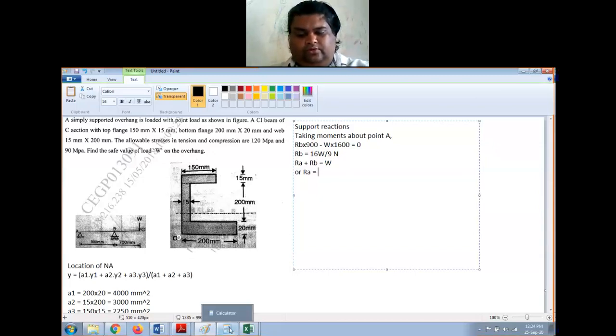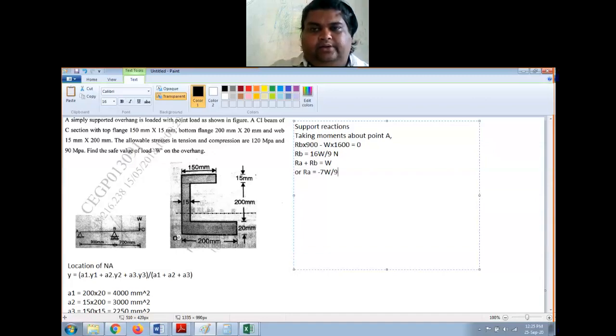So 1 minus this will be minus 7 by 9. This is minus 7 W by 9 Newton, right?